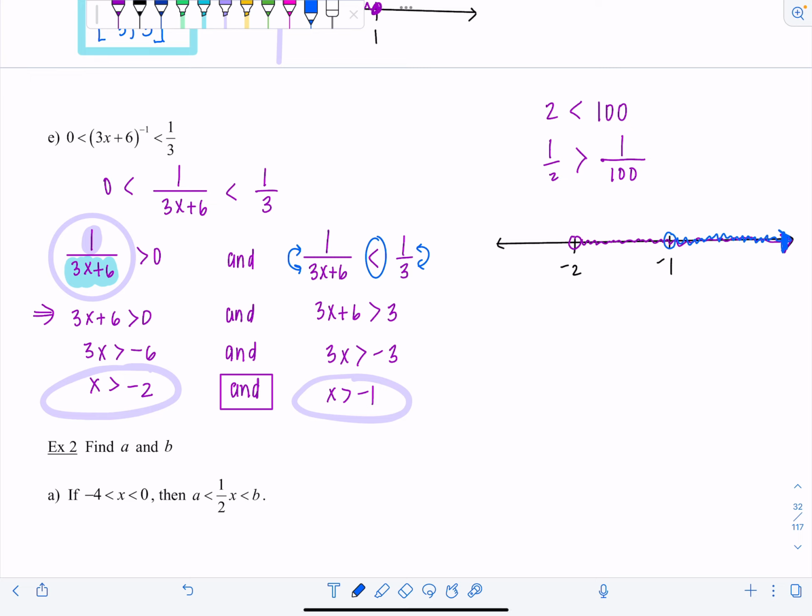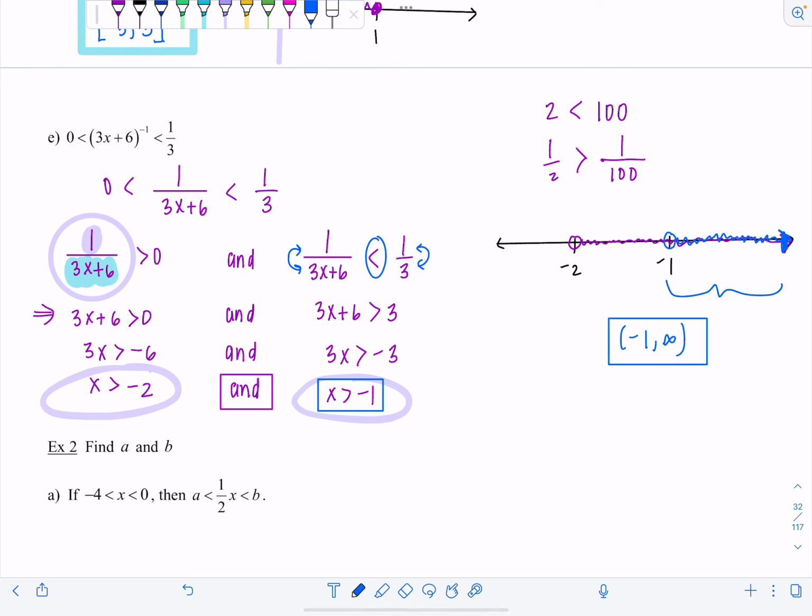Really, this inequality, x greater than -1, is a subset of the inequality x greater than -2. So the only place where both inequalities are going to be satisfied is right here, from -1 to infinity on that interval.